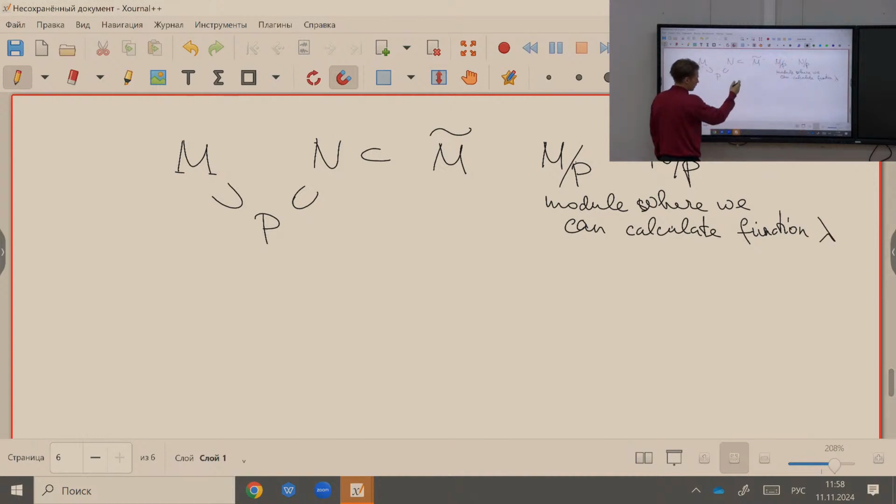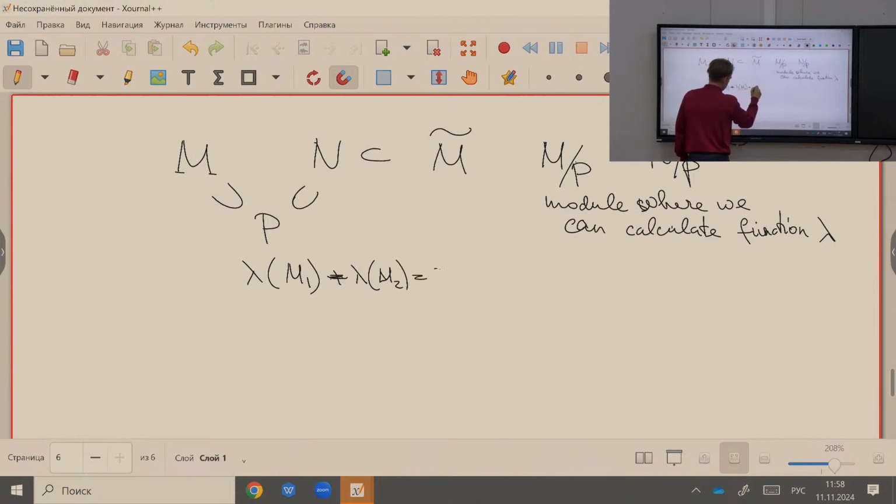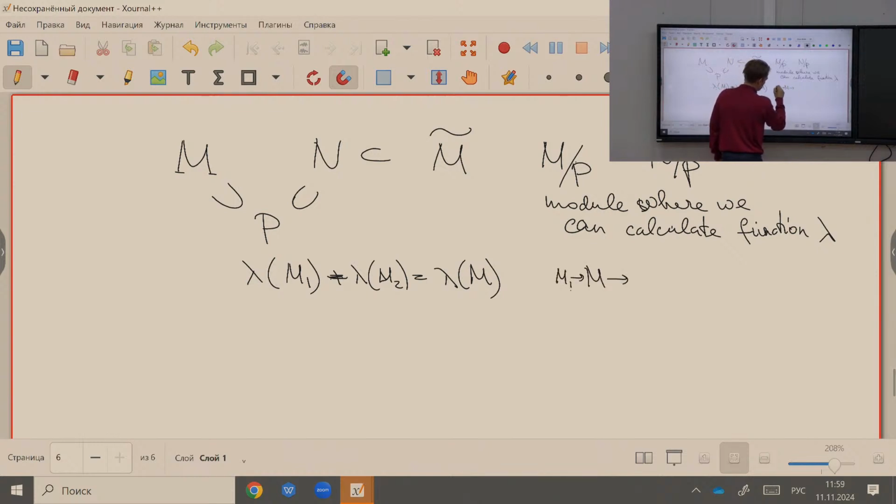If it is additive, so if you know that lambda of M1 plus M2 is lambda of M1 plus lambda of M2, it is an additive lambda, and for the modules of the good form, those that belong to your category, then you can compare.